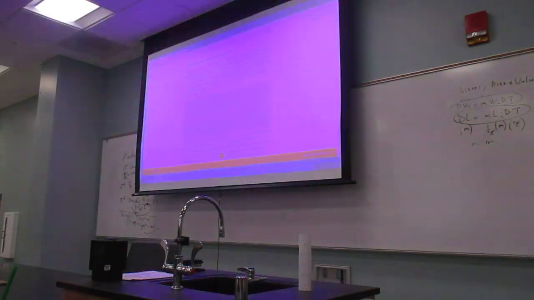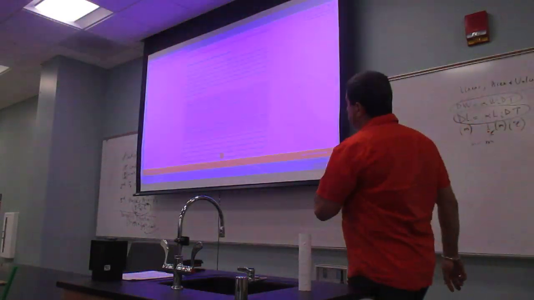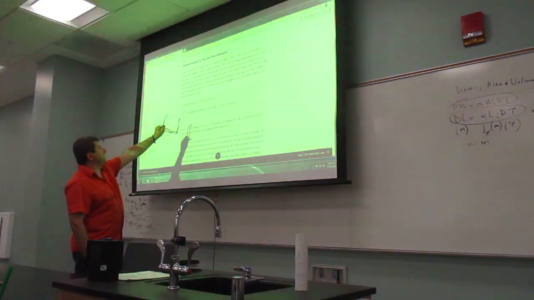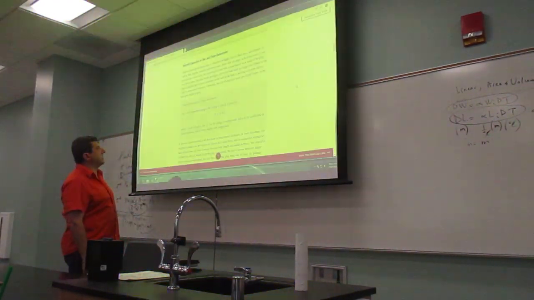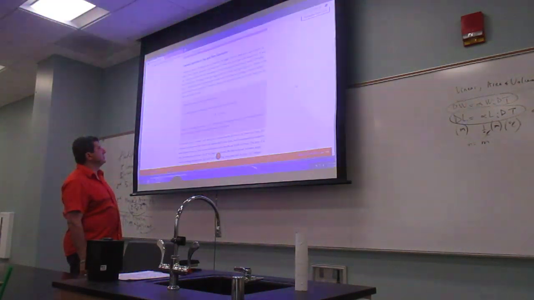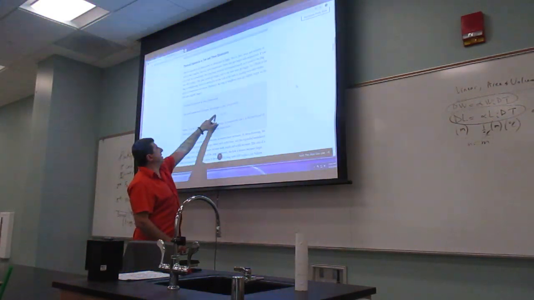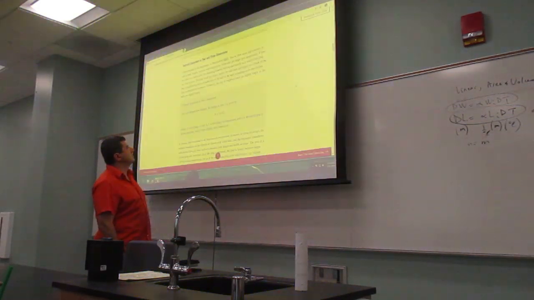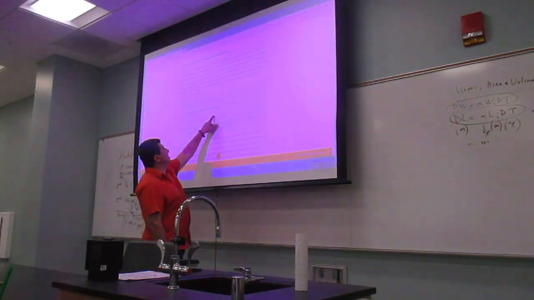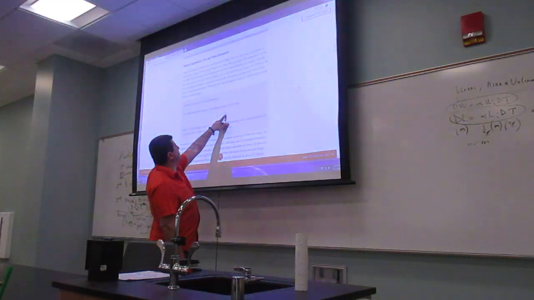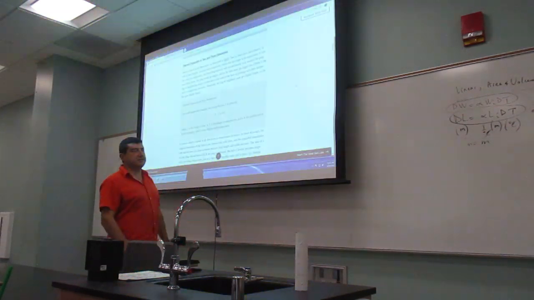Thermal expansion in 2 and 3 dimensions. Look at their equation. For small changes in temperature, the change in area is given by 2 alpha delta T, where A is the change in area. Oh, you know what? They forgot to write delta A here. They should have written delta A is equal to 2 alpha A delta T. They forgot to write the delta.